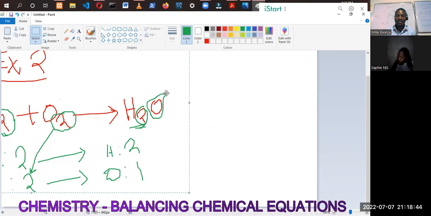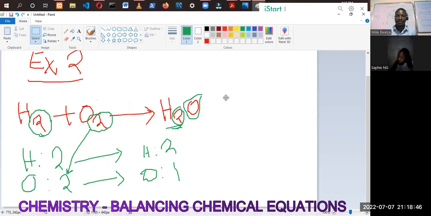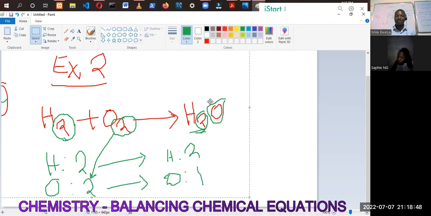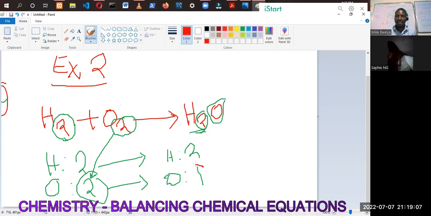Now this becomes very difficult because you can see that, so where do we tackle now? Since oxygen is 2, oxygen is 2 on the left, and then on the right, oxygen is just 1.